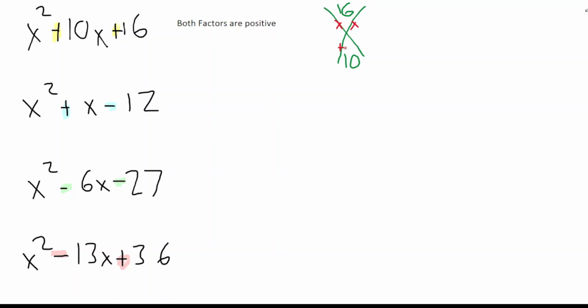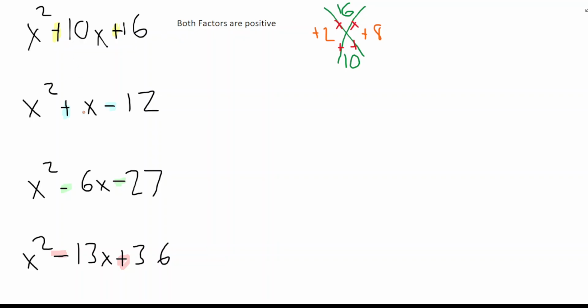Just from the tip I've told you, if both these numbers are positive, I guarantee you both factors are positive. And now I only need to think of what are the two numbers that multiply to 16 and add to 10, which in this case is 2 and 8.